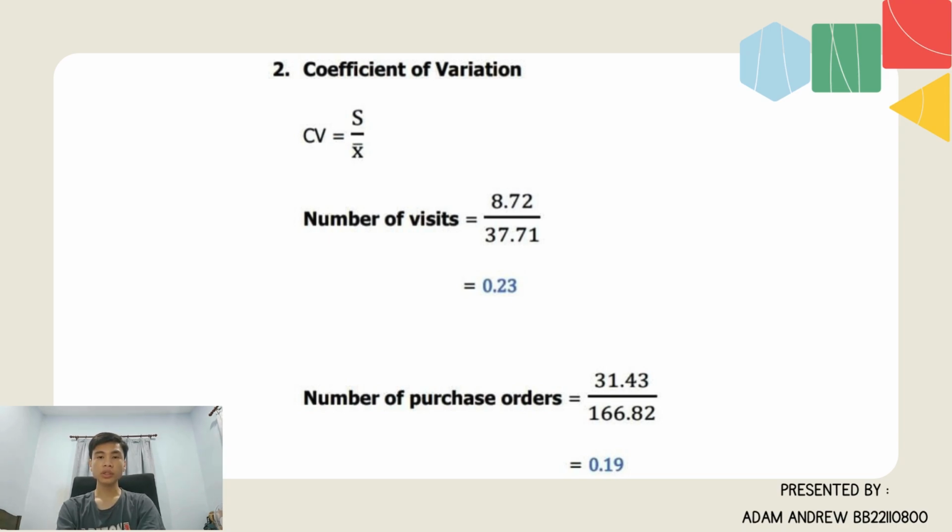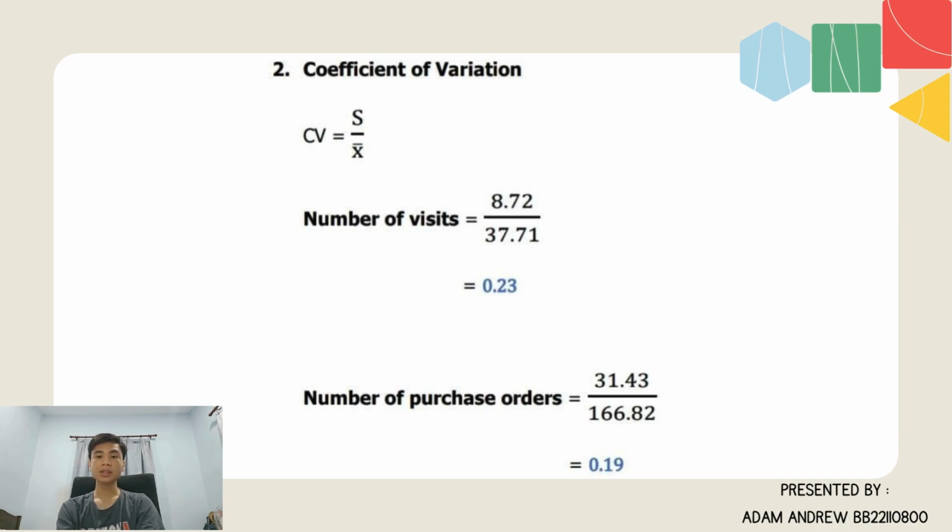All we need to do is divide the standard deviation by the mean to get the answer. As we can see, the number of visits has a greater coefficient of variation of 0.23, indicating a substantially higher level of variability in relation to its mean when compared to the number of purchase orders of 0.19.